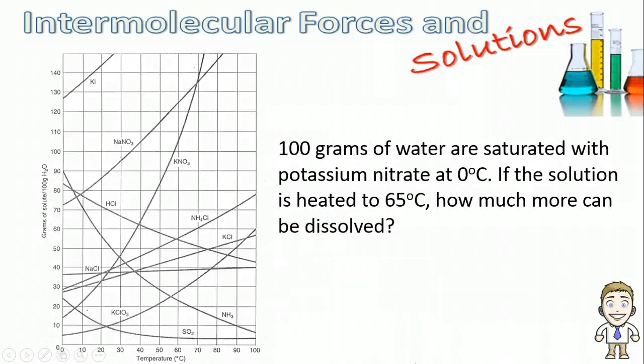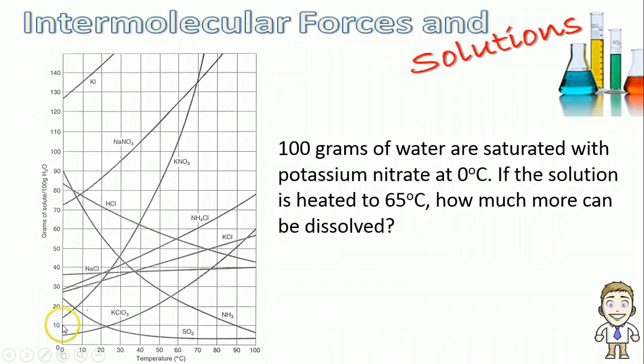Final question says, if you have 100 grams of water that's saturated with potassium nitrate at 0 degrees Celsius, and then you warm the solution to 65, how much more could be dissolved? So start where the question starts. Down at 0 degrees Celsius, if KNO3 is saturated, it can hold about 15 grams of the salt.